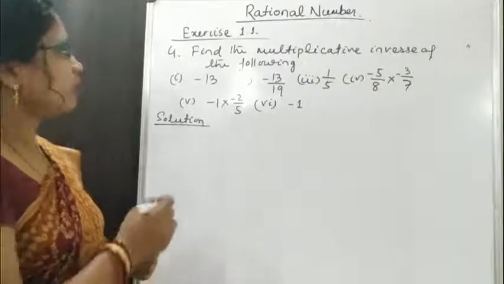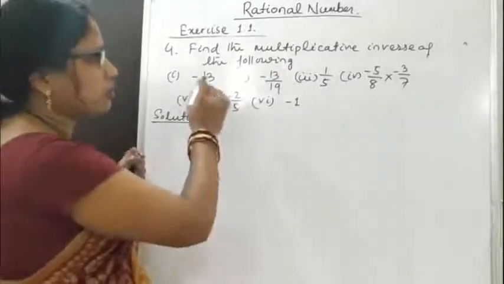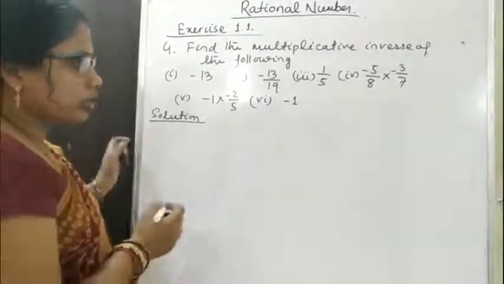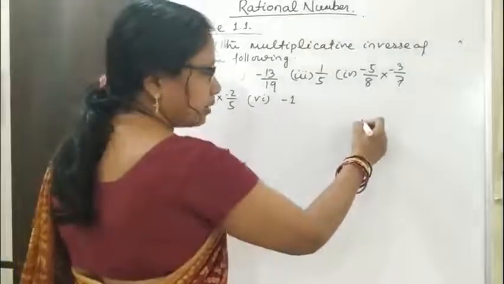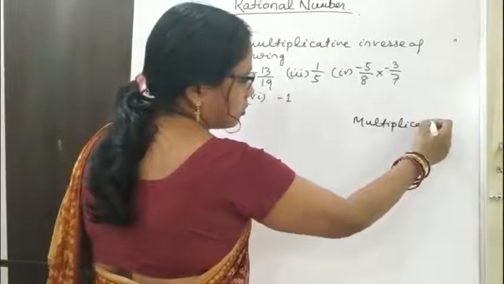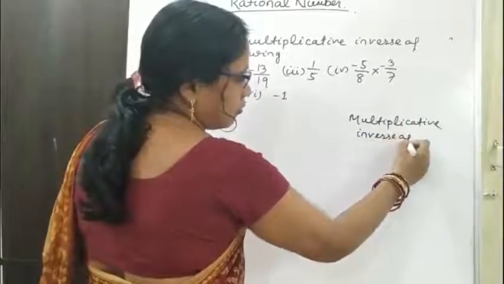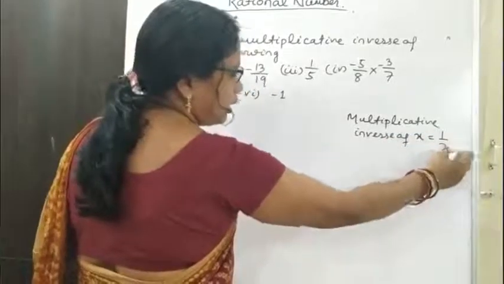Question number 4 of exercise 1.1: find the multiplicative inverse of the following. So we know that the multiplicative inverse of x is 1 by x.